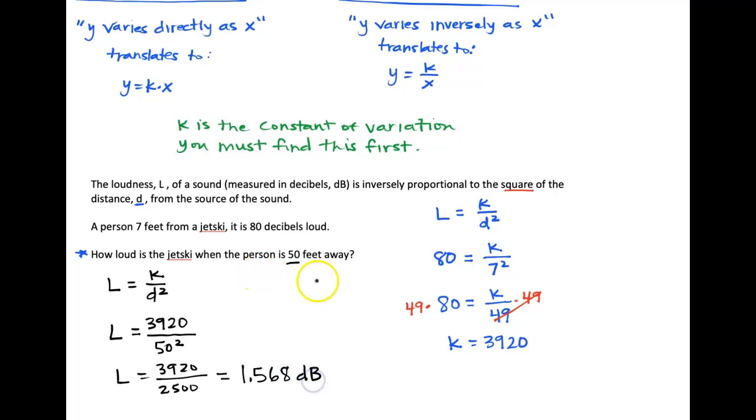Make sure you notice if it asks you to round to a certain place value on that. But otherwise, if it doesn't, then that would be your answer. That's how loud that jet ski is for you if you're 50 feet away. So not loud at all compared to if you're only 7 feet away. I hope that was helpful.